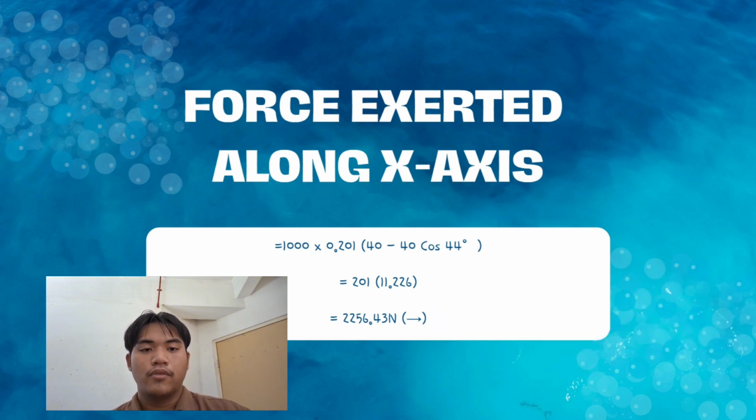To find the force exerted along the x-axis, we will use the formula that has been explained by our friend Mirwan. We already got all the numbers, so we just need to substitute them into the formula. The density of water is 1000 times 0.201 times (40 minus 40 cos 44 degrees).